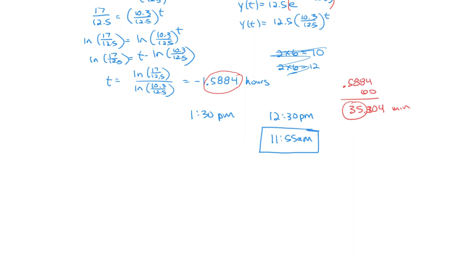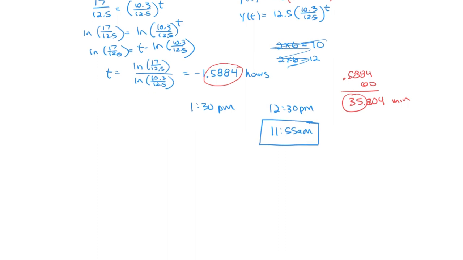And there is one more problem that we should take a look at, and that is problem number 20. This one has to do with compound interest. The 9th edition says, what we're going to do is just 20 part A. We've got $2,500 borrowed at 4.5% interest.